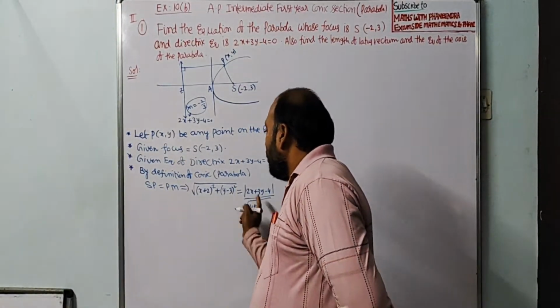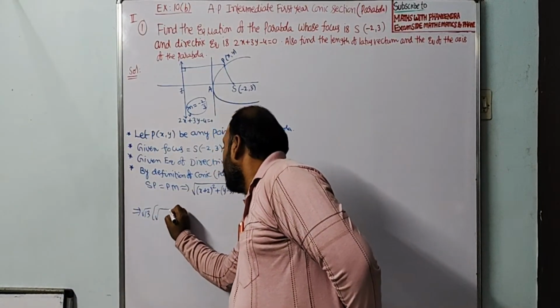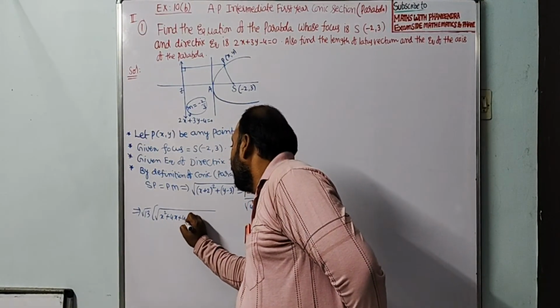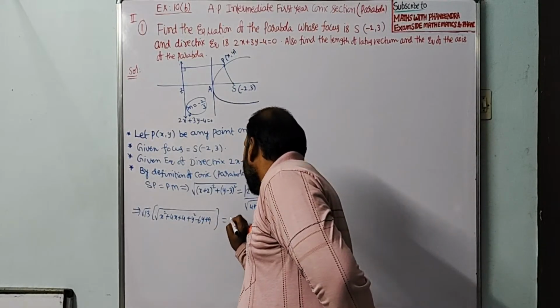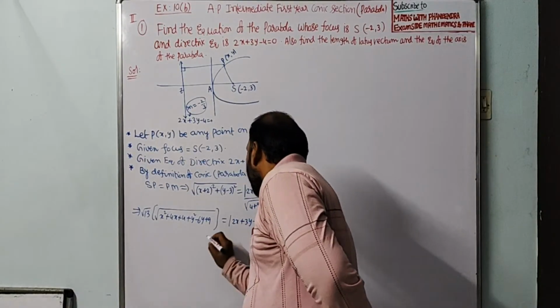So root 13 we bring to this side: root 13 into root of x square plus 4x plus 4 plus y square minus 6y plus 9 is equal to mod of 2x + 3y - 4.